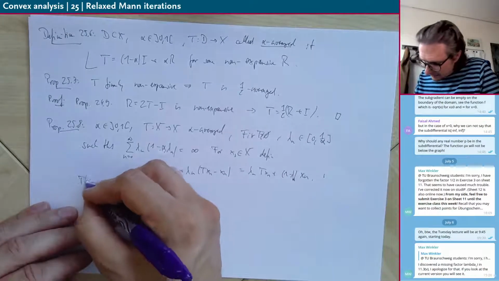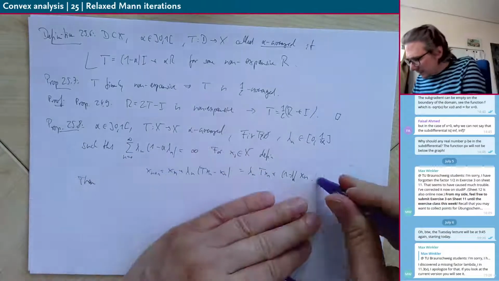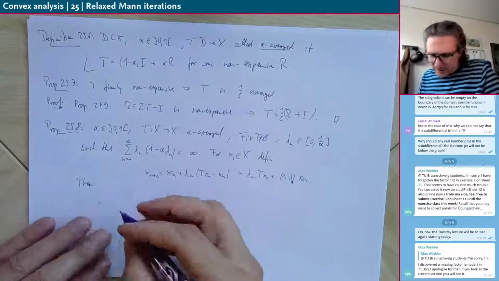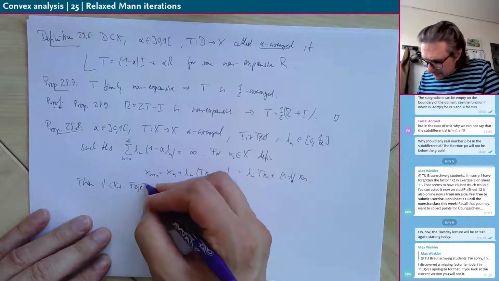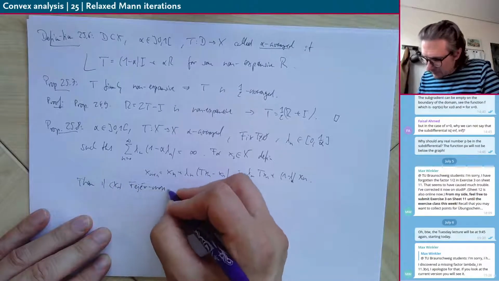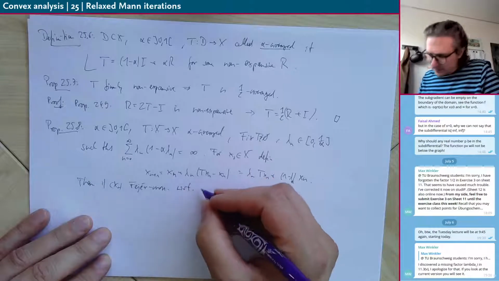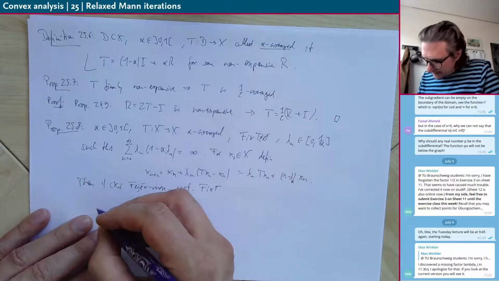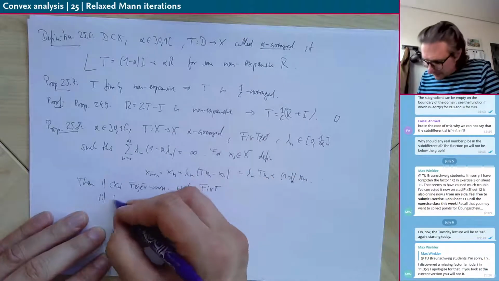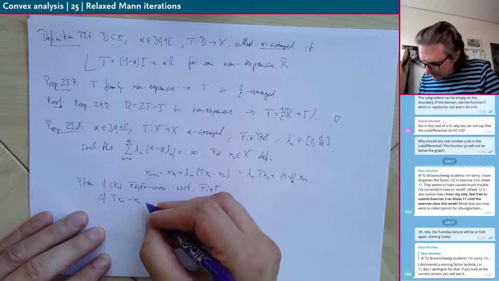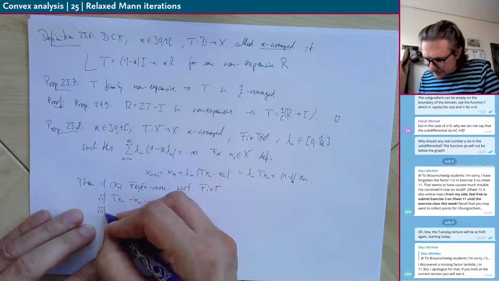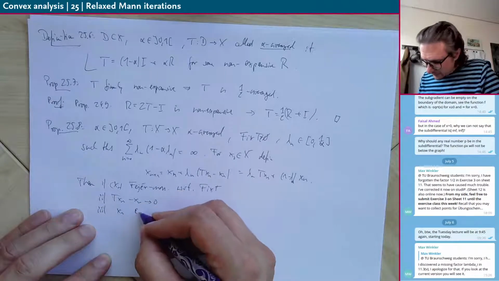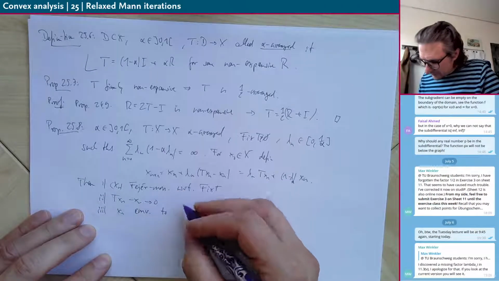And then three things hold. First, xn is Fejér monotone with respect to the fixed point set. Second, it's asymptotically regular. And third, xn converges to a fixed point of T.